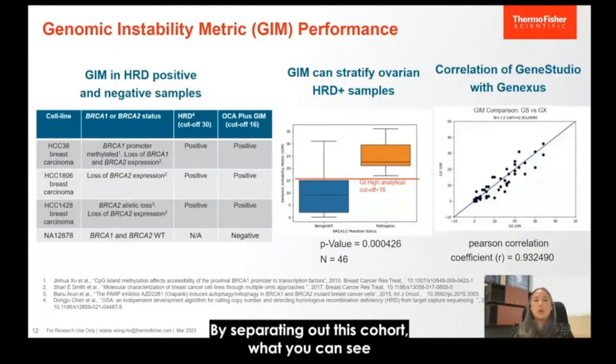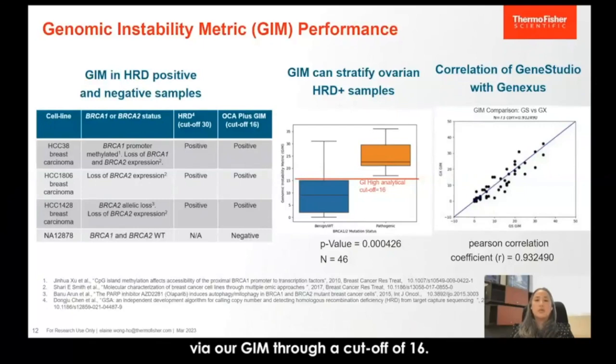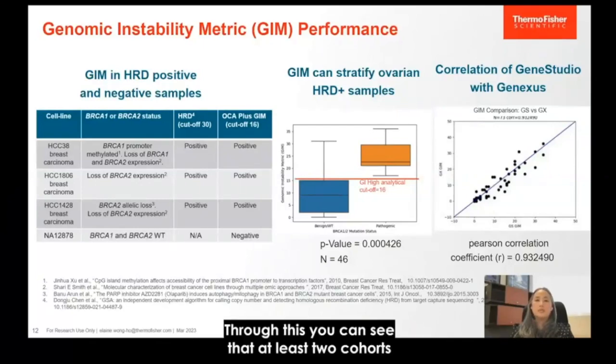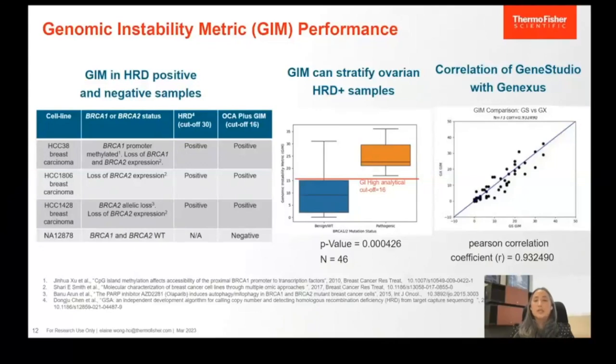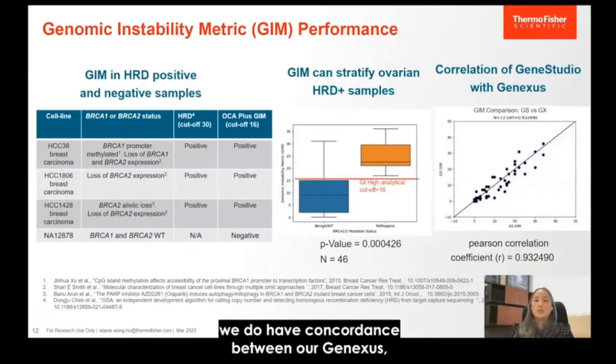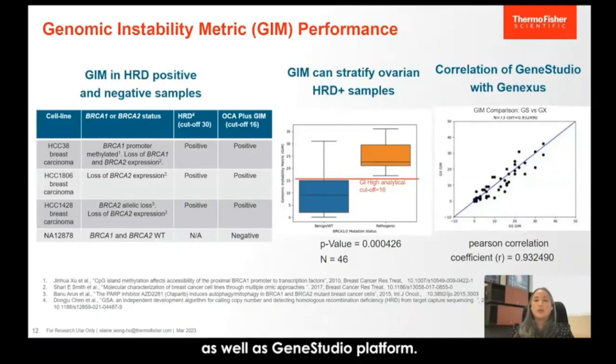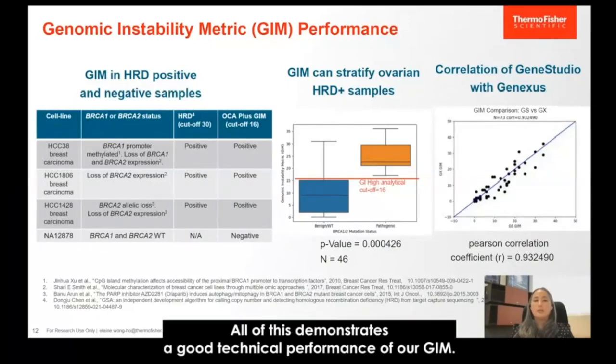By separating out this cohort, you can see that we're able to stratify HRD samples via our GIM through a cutoff of 16. Through this, you can see that these two cohorts are separated with a significant p-value. In addition, on the right-hand side, we do have concordance between our Genexus as well as GeneStudio platform. All of this demonstrates a good technical performance of our GIM.